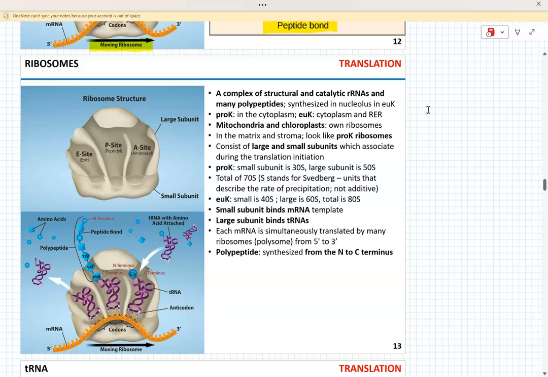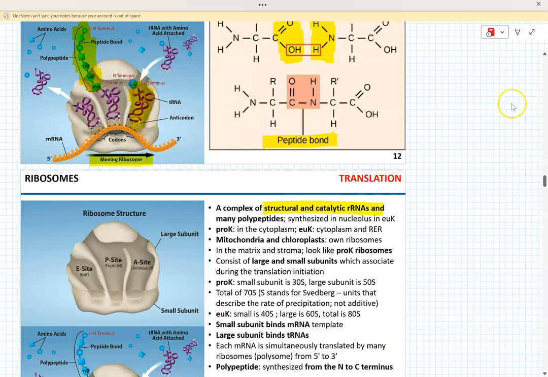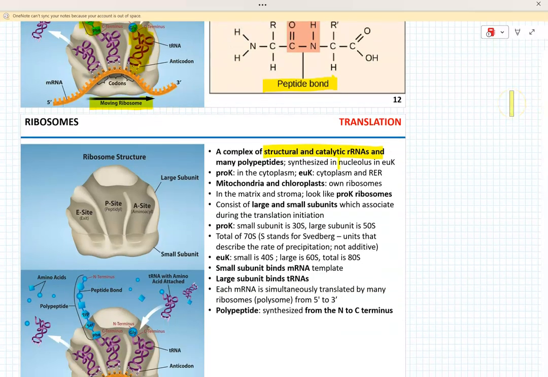So ribosomes are a complex of structural and catalytic ribosomal RNAs and multiple polypeptides. Ribosomes are synthesized in the nucleolus, within the nucleus, in eukaryotes, and exist in the cytoplasm and rough endoplasmic reticulum in eukaryotic cells.